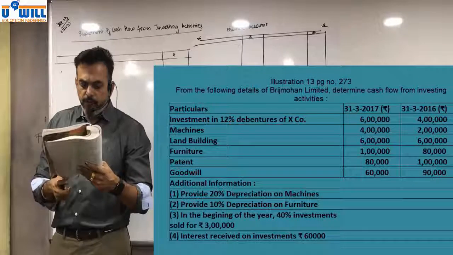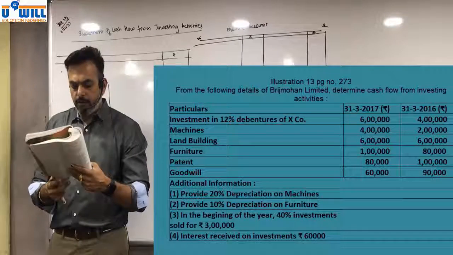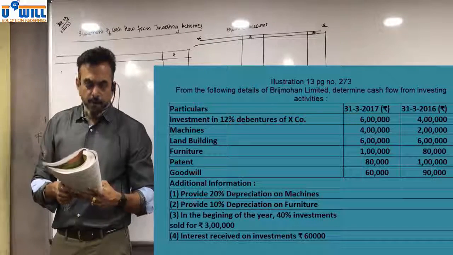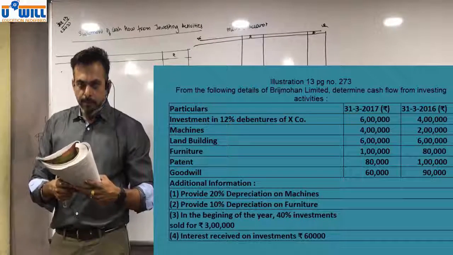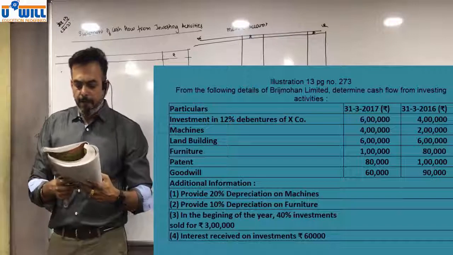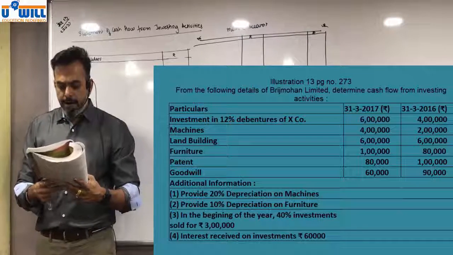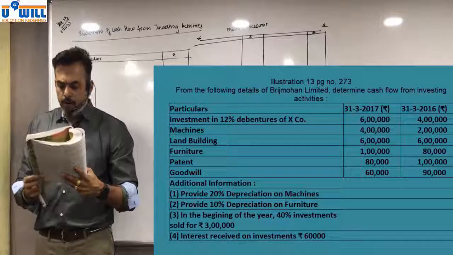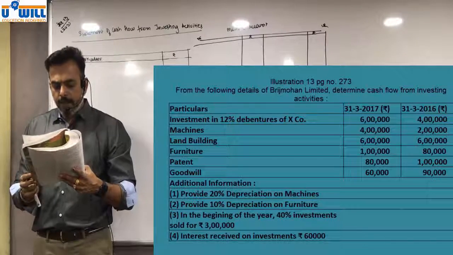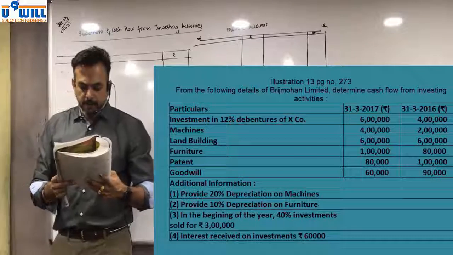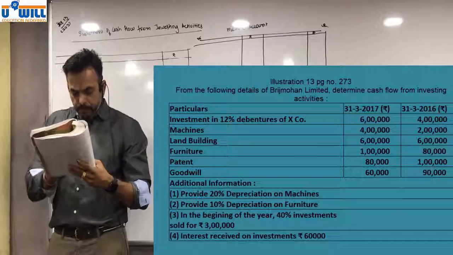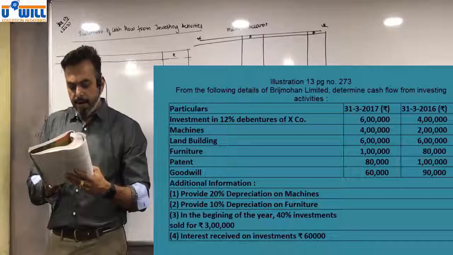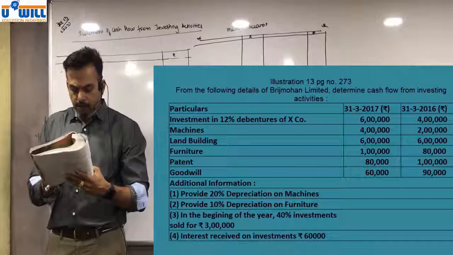Page number 273, illustration 30. Important है ये सब from exam point of view. From the following information of Bridge Mohan Limited, prepare cash flow statement from investing activities. Now, investment in 12% debentures, machine, land and building, furniture, patent and goodwill.